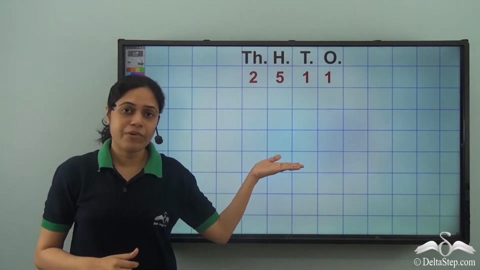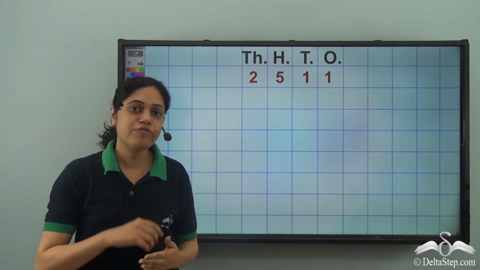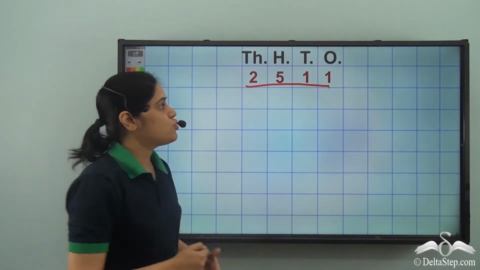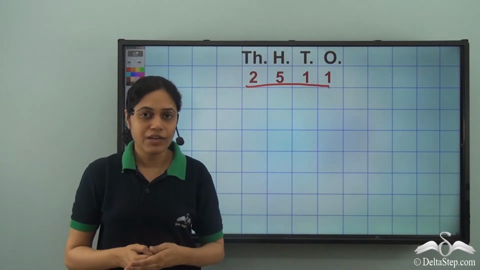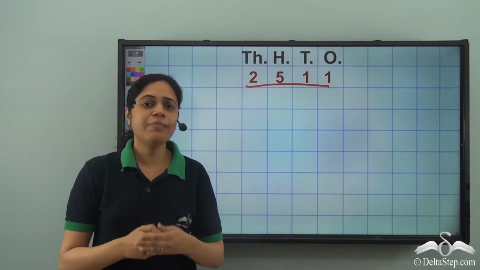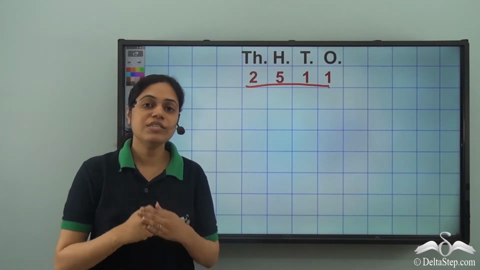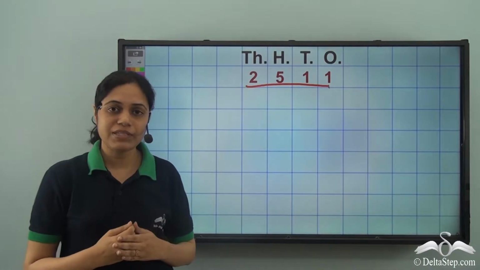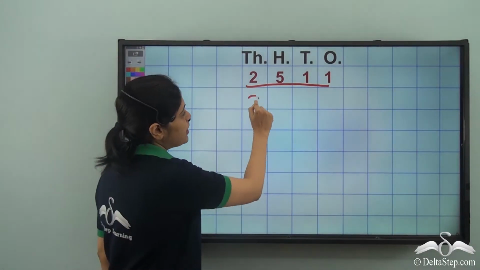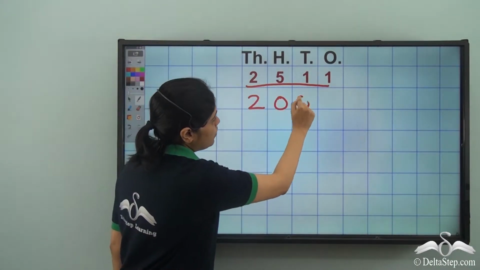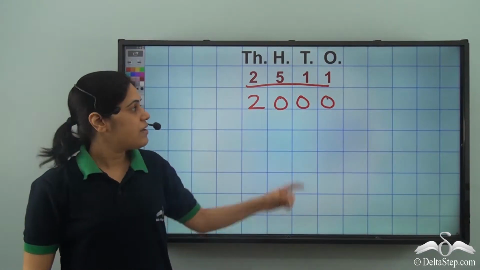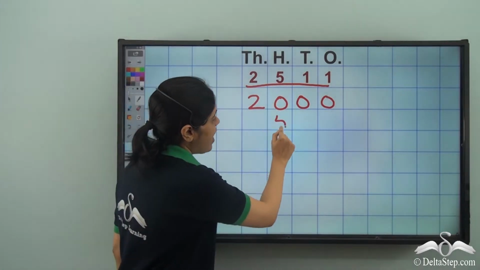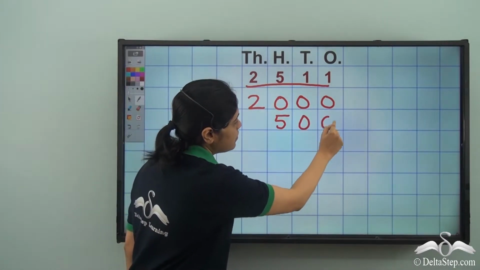So every number is actually made up of several numbers. If I take this number 2511, as we saw, it can be broken down into several other numbers. So we have 2 in the thousands place, which means 2 thousands. We have a 5 in the hundreds place, which means there are 5 hundreds.